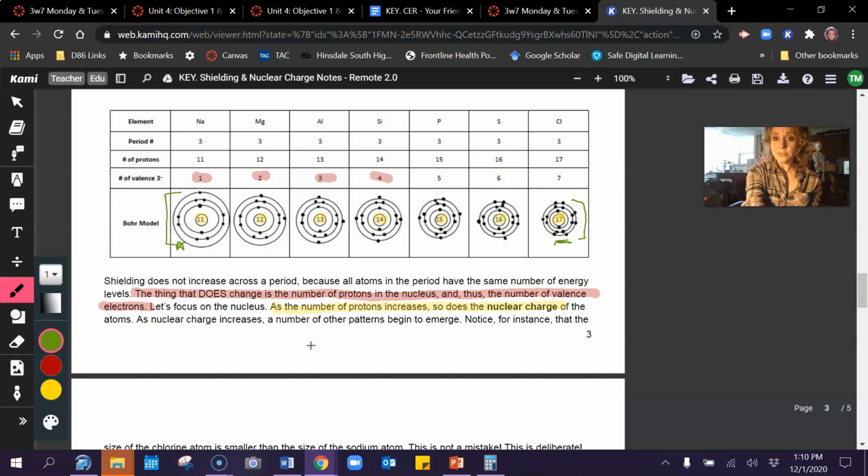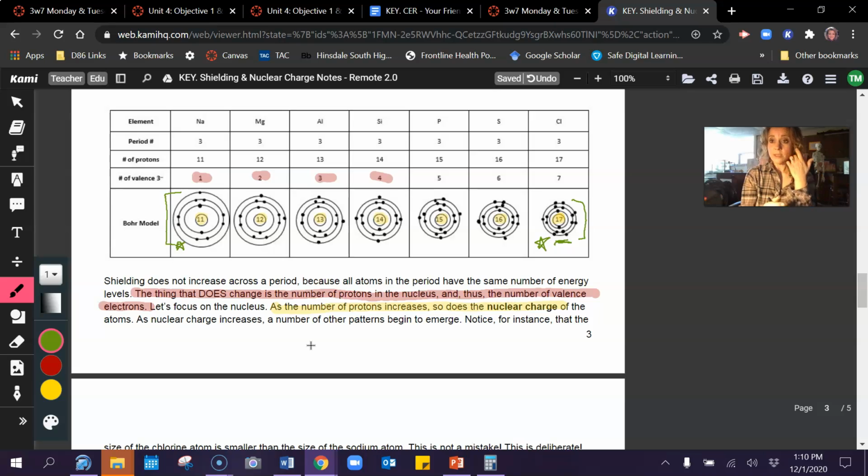So it's a little bit opposite in periods than it is in families. In a period, the elements that have higher numbers of protons are going to be smaller. They're going to have valence electrons that are closer to the nucleus, whereas elements that have a lesser number of protons are going to have valence electrons that are a little bit further away from the nucleus.